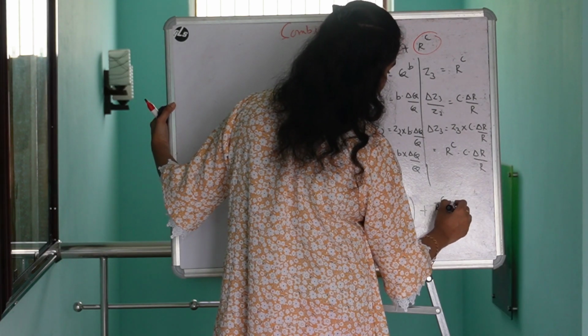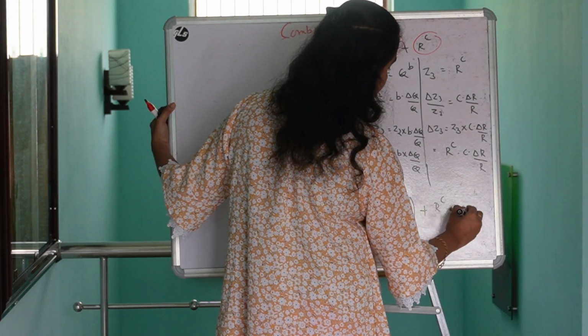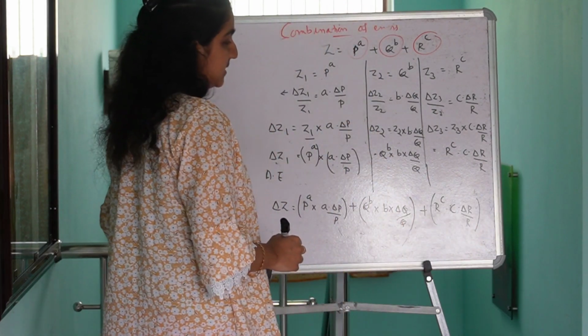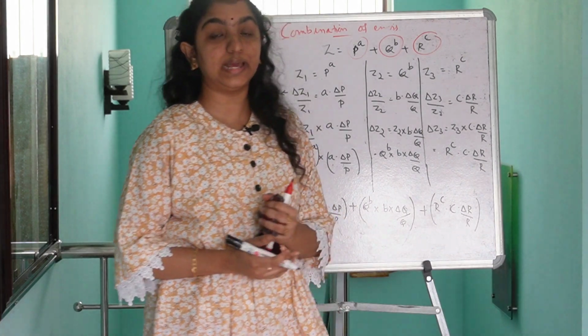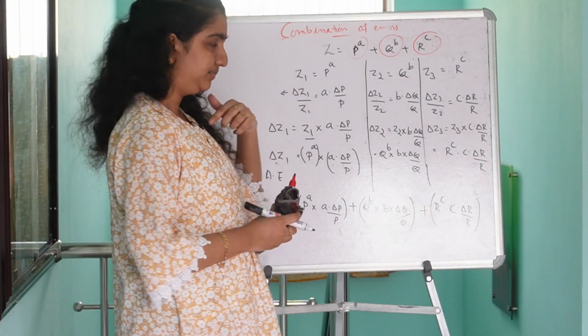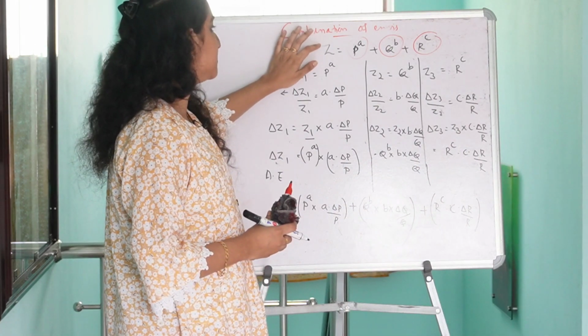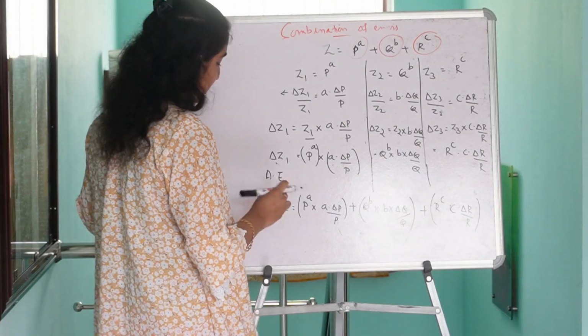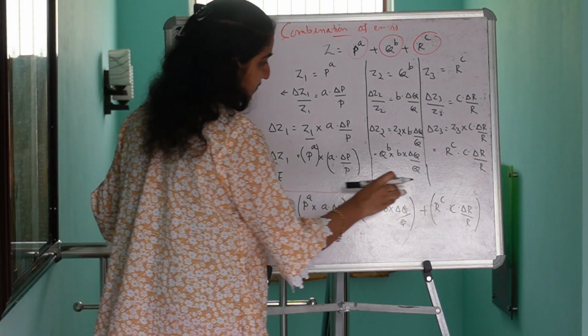R power C into del R by R. So what is the maximum possible error in Z in this case? The maximum possible error is equal to this value.